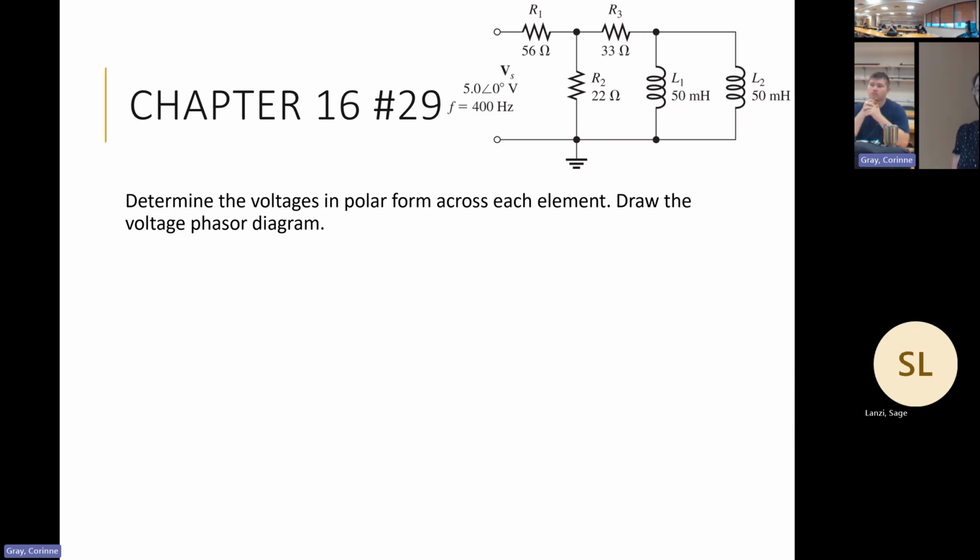Another way, and the way that this textbook does it, which I personally find a little bit weird, is it looks for ZL1 and ZL2, and then puts them together, and then adds, and that's in series with the ZR3 value.